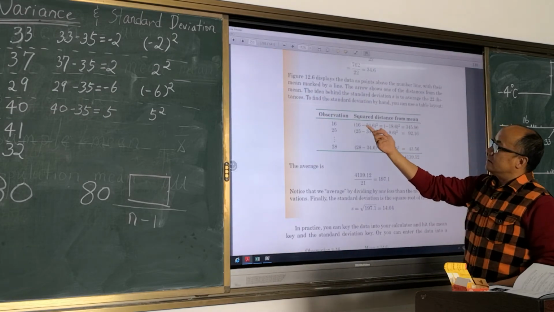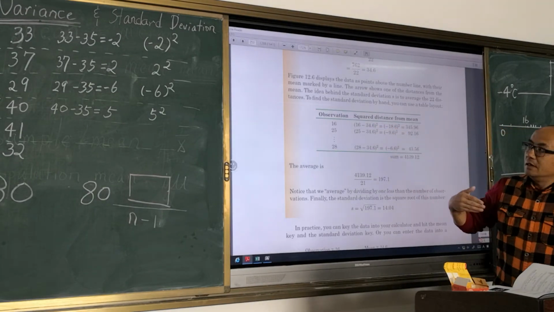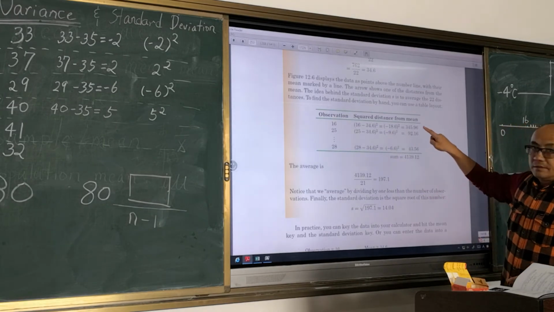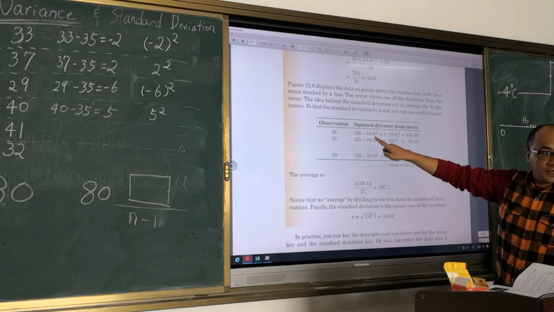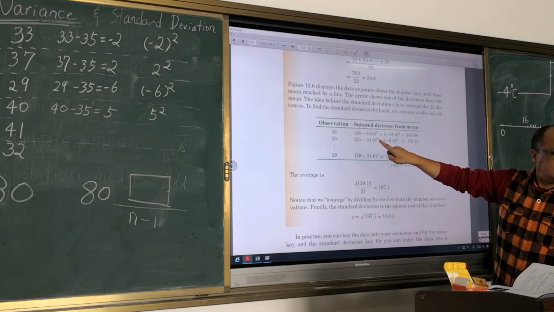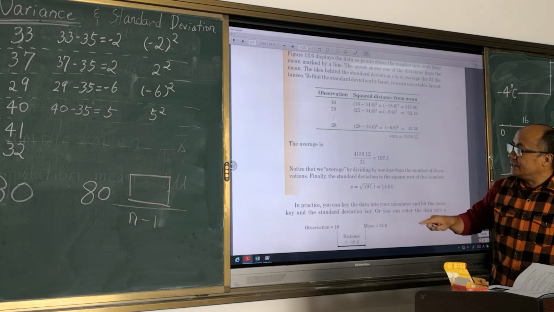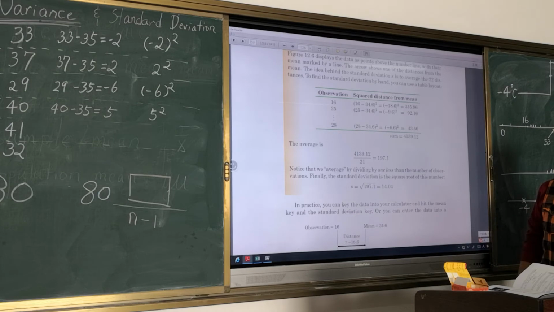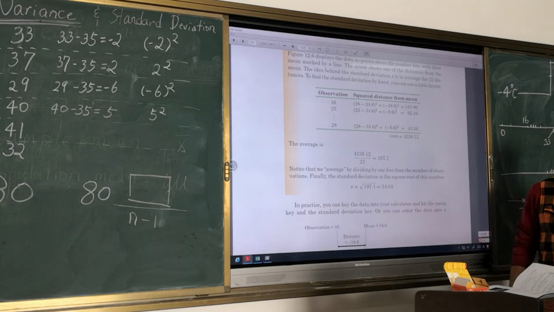So you take the squared distance. The squared distance to the mean, and divide, this is tricky, divided by one less.